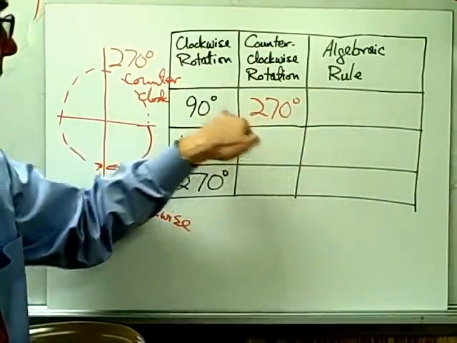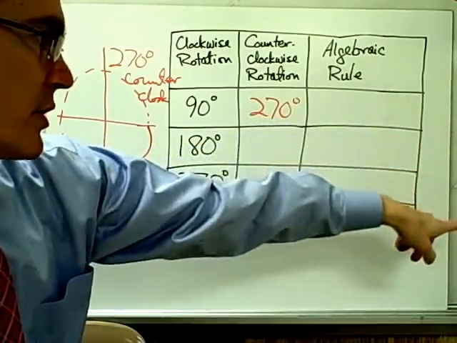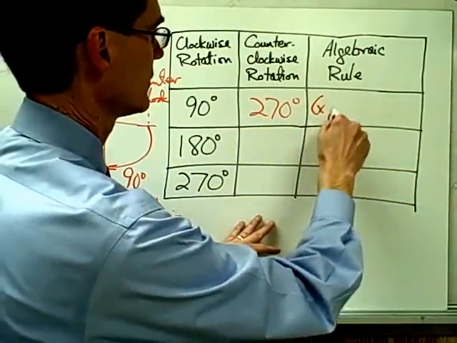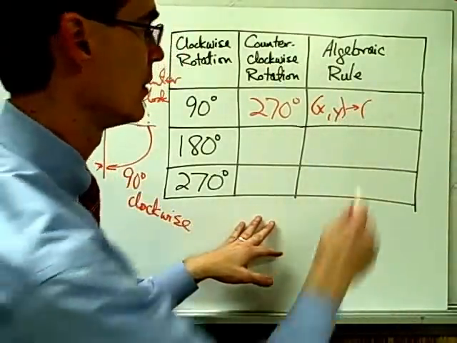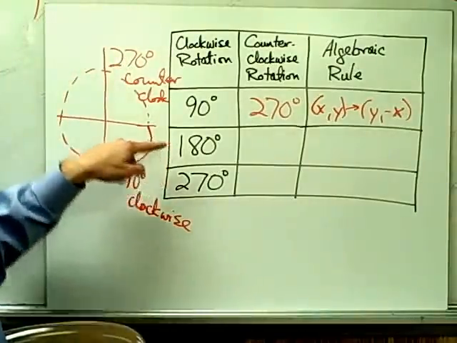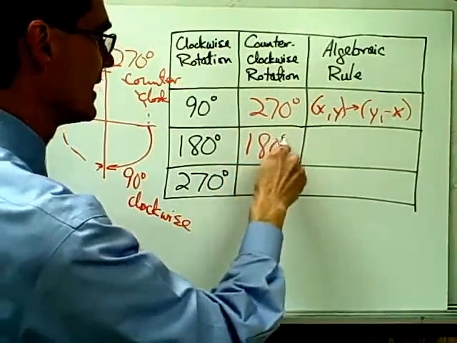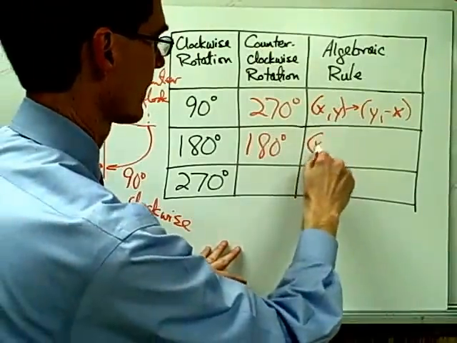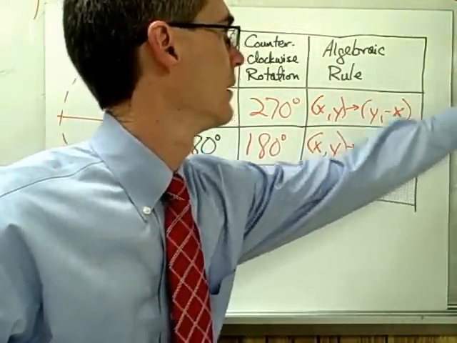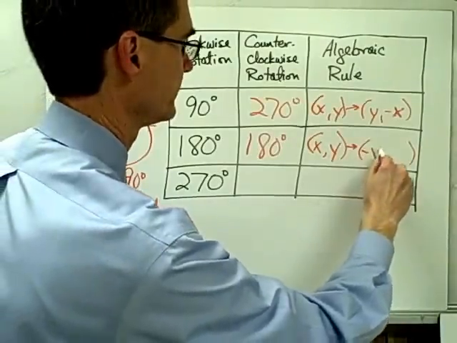And the algebraic rule for the counterclockwise rotation is going to be the same as the one for the clockwise rotation, which I look back at my notes, and that algebraic rule is (x, y) goes to (y, negative x). A 180 degree clockwise rotation is the same as a 180 degree counterclockwise rotation, and my algebraic rule for that is (negative x, negative y).